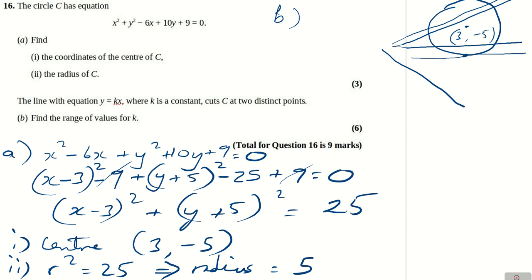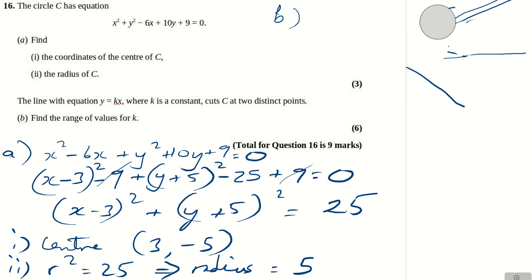Right, so let's see if we can set the equation up. Cuts C at 2 distinct points. So we've got the line with the equation y equals kx. What we can do is substitute that into our equation of the circle.